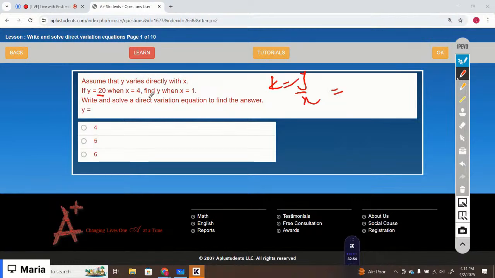K equals y over x, y is 20, x is 4, so k equals 5. We need to calculate y. Y equals kx, k is 5, x is 1, so y equals 5.